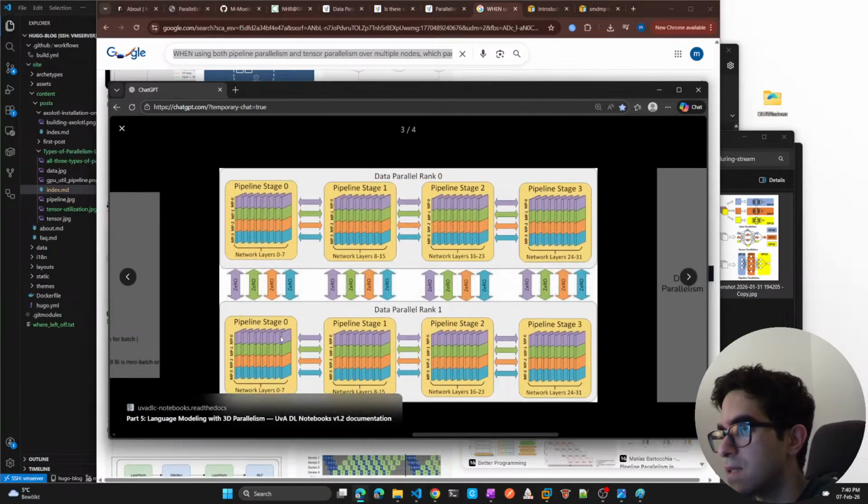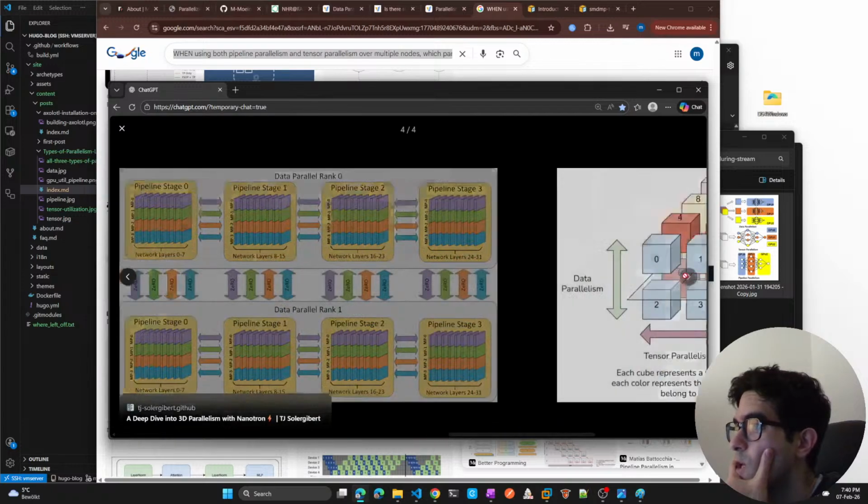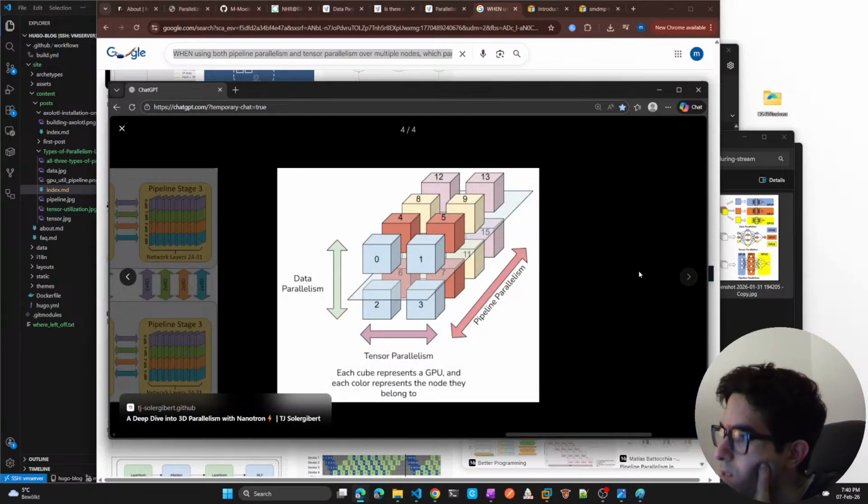And then, okay, what's next? Each key represents a GPU, each color represents the node.